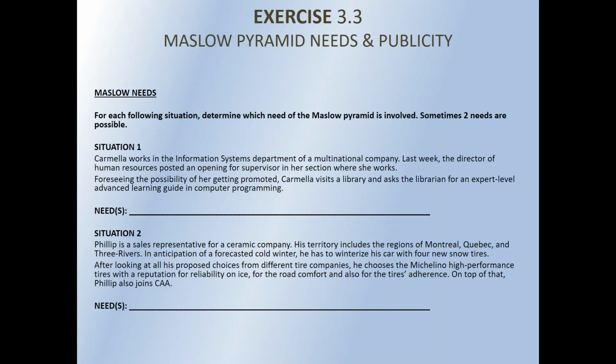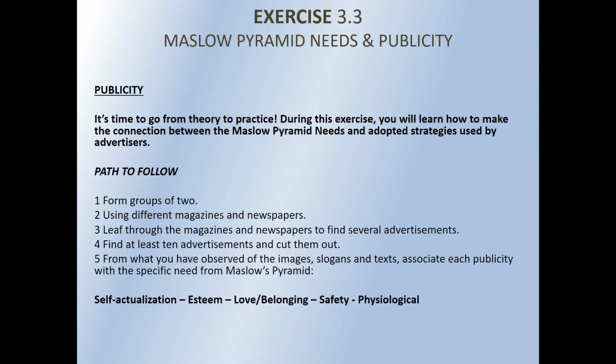Sometimes two needs are possible. You can read the situations, there are quite a few, and indicate what levels of Maslow's pyramid are involved. It could be just one, or possibly two, and you might explain in class why you chose that need.